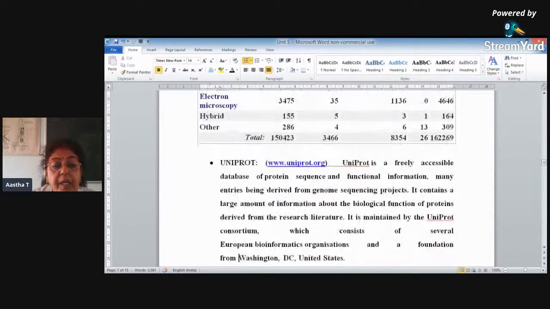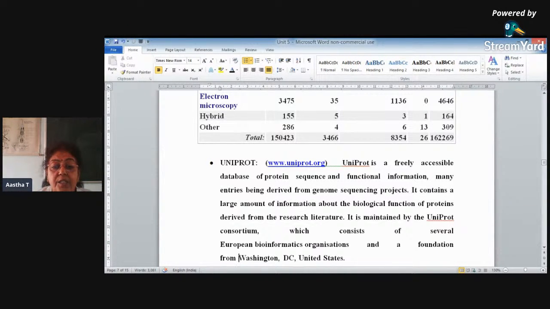So this PDB, it includes UniProt. It's freely accessible database of proteins. That is a website. If you go to this website, you can access the UniProt protein database, and it includes the functional information of this protein. The information in this database is available through genome sequencing projects.